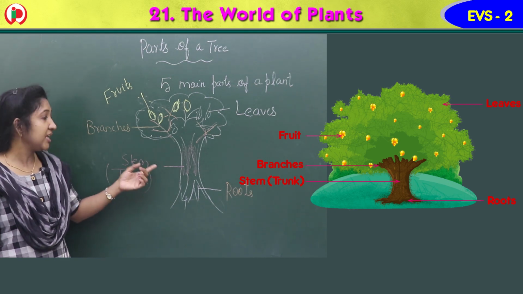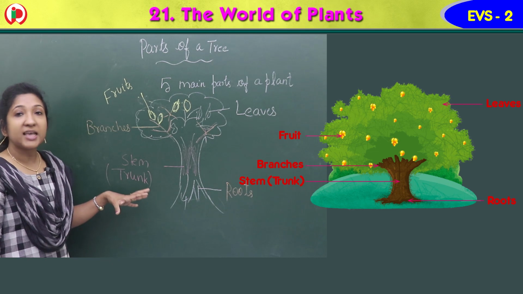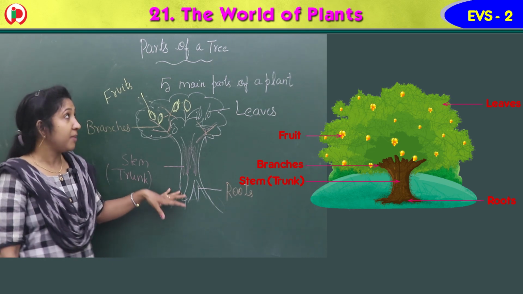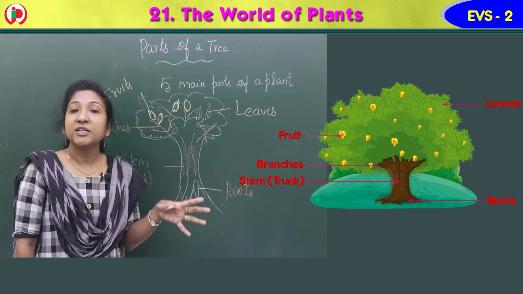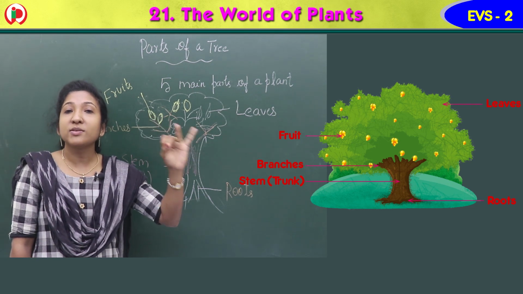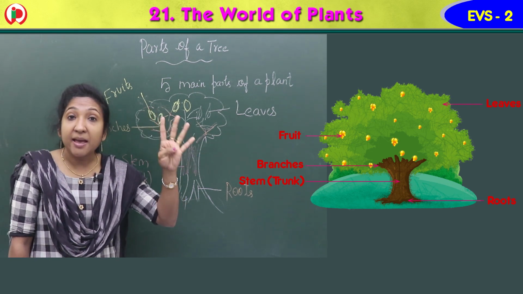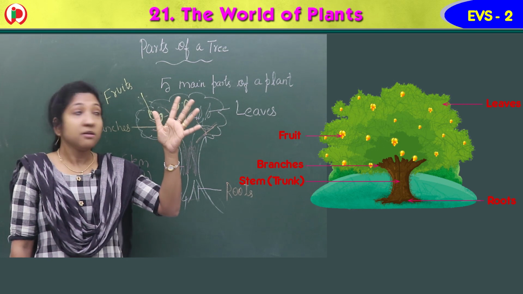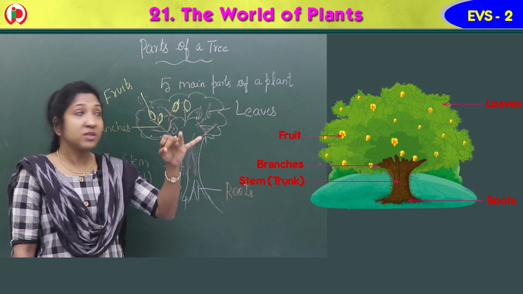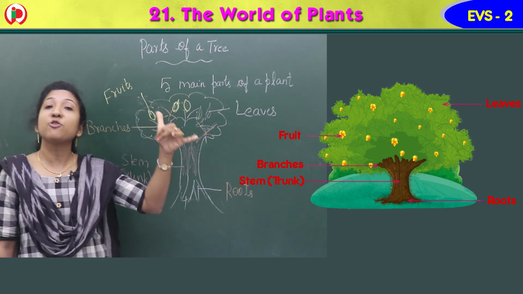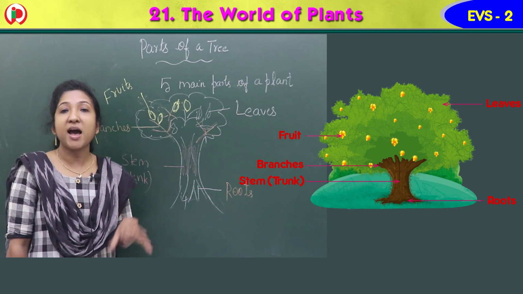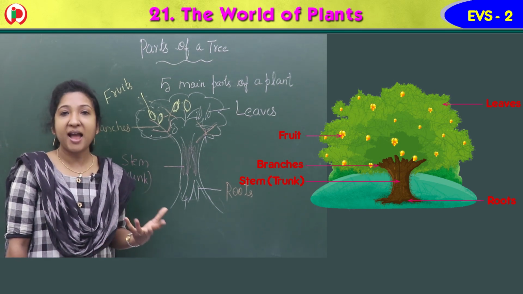So these are the main parts of a plant or a tree: leaves, roots, branches, stem and fruits. These are the main parts of a tree or a plant.